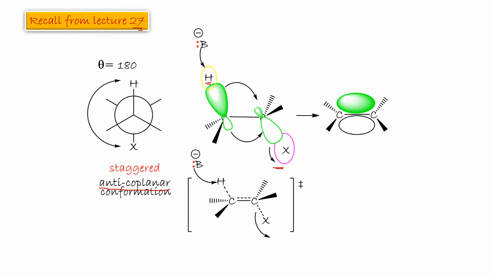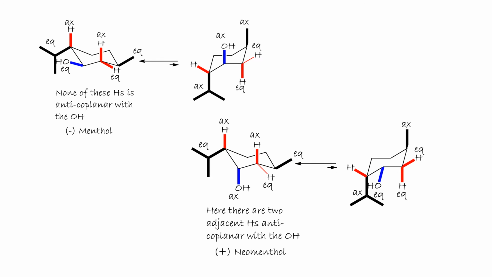So the dihedral angle theta will be 180 in most cases, and rarely we find that theta could be 0, but mostly it's 180. This is what we recall. Now we'll take this knowledge and apply it to our case.